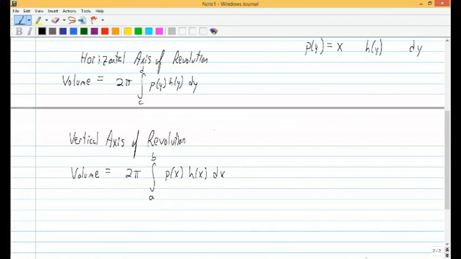Okay, so let's look at an example of the shell method.